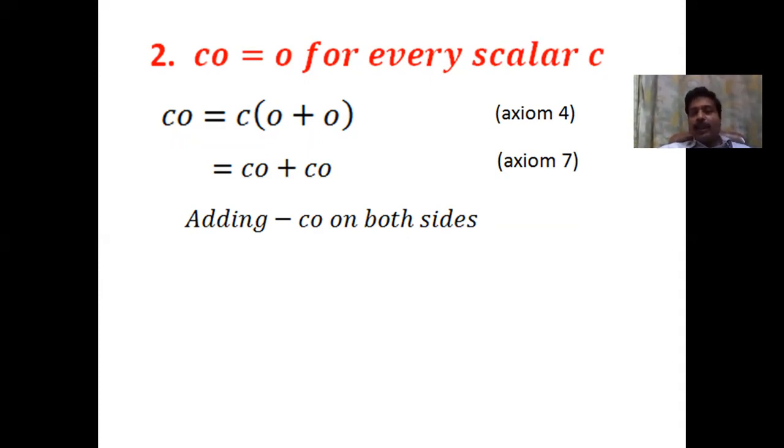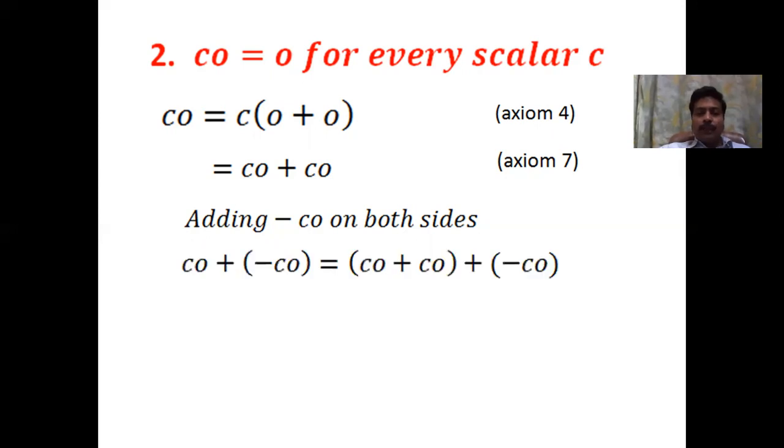So you can add minus cO on both sides. After adding minus cO on both sides, you will get cO plus minus cO equal to cO plus cO, and this minus cO is added here.